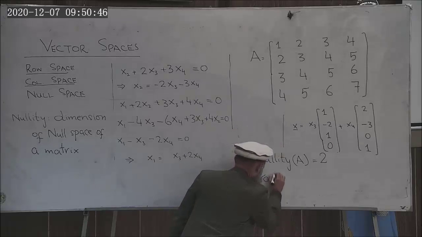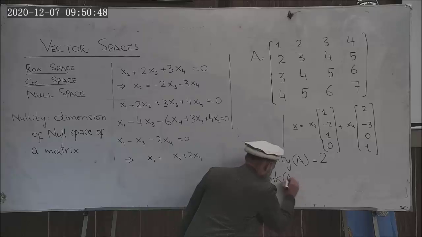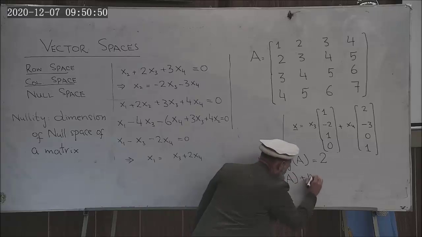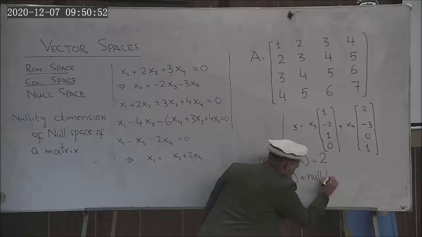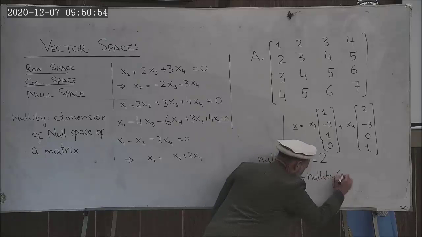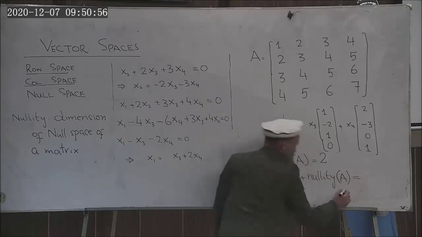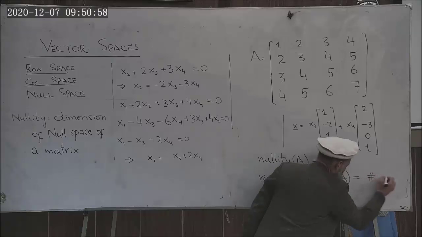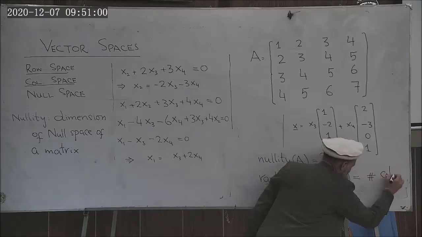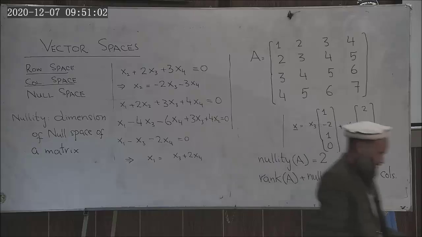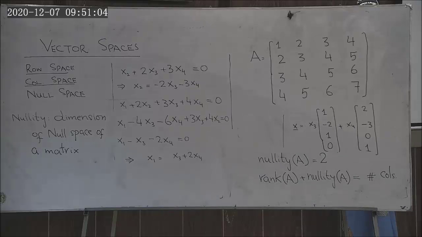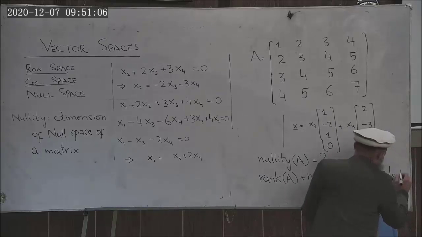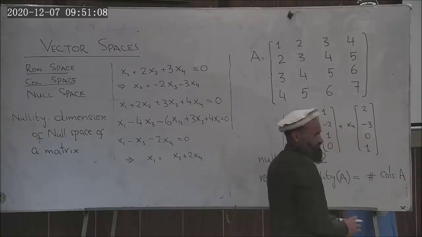Rank of A plus nullity of A is always equal to the number of columns in that matrix. That is quite intuitive.